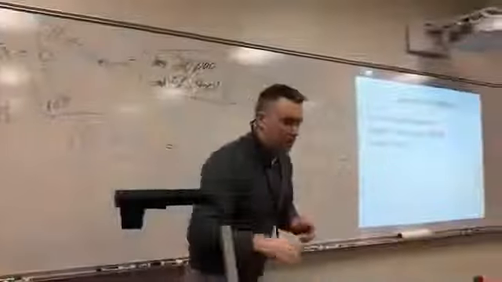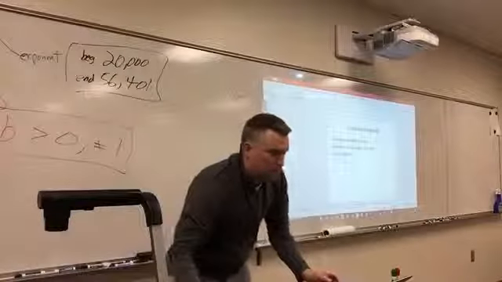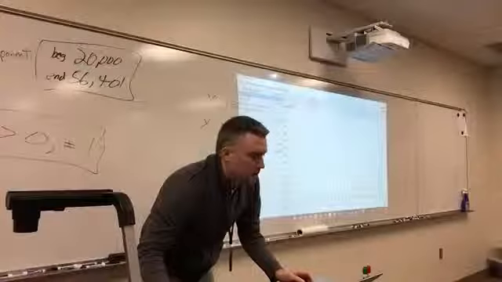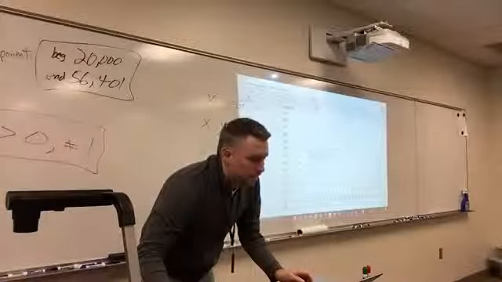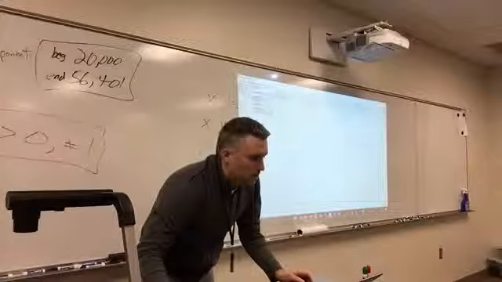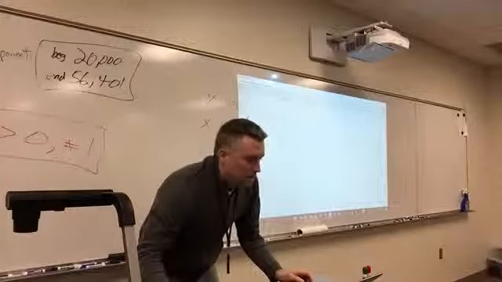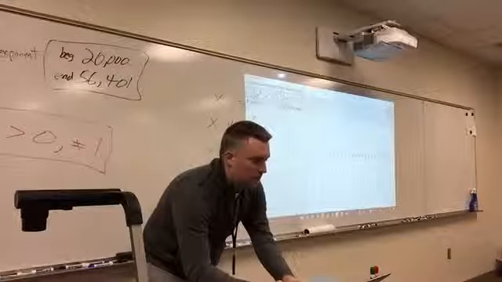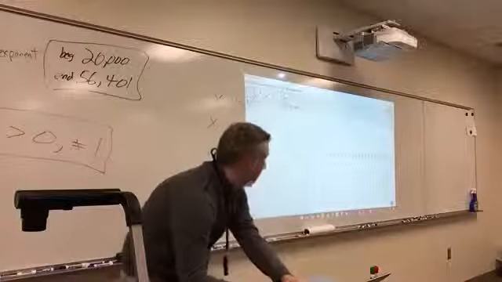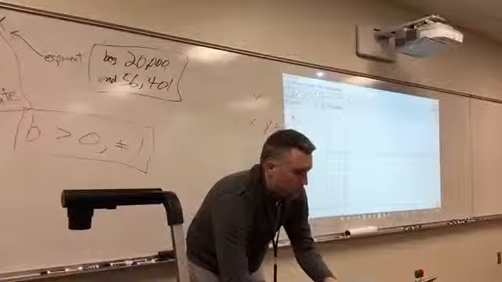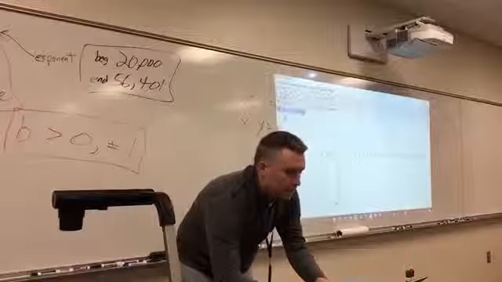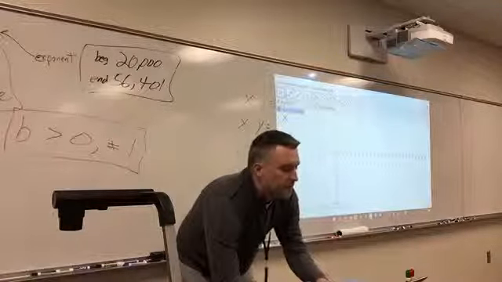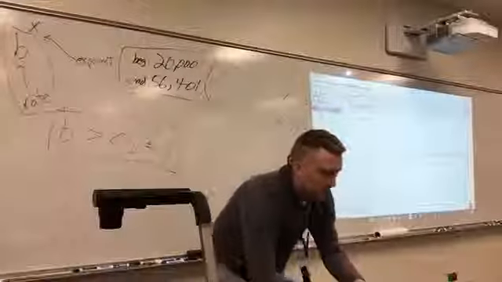So just go ahead and plot 2 points on your computer. I'm going to do a new file here. Go ahead and plot the point 0. So we'll call time 0 the time when I left, and we'll say $20,000. And then 11 years later, so I'll go 11, comma 56401.